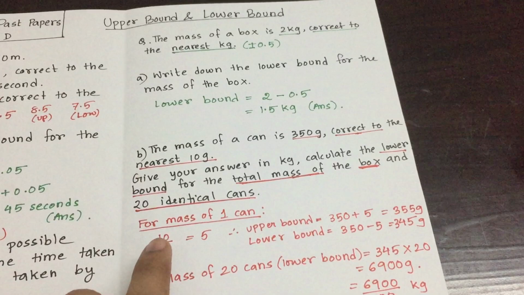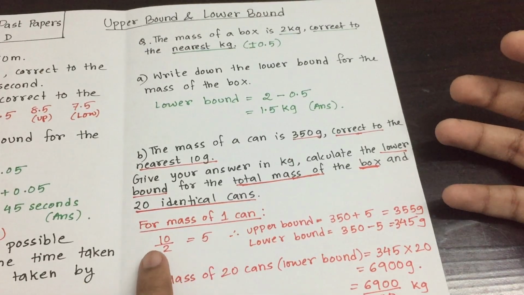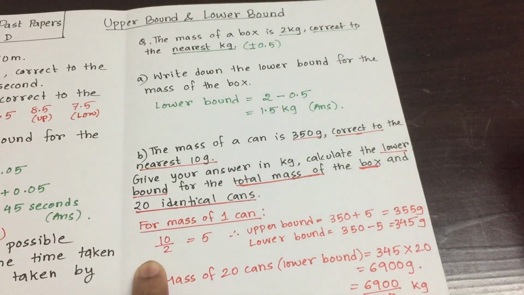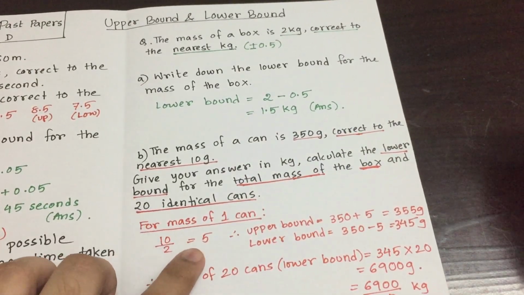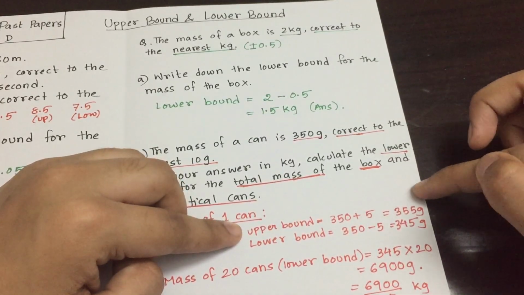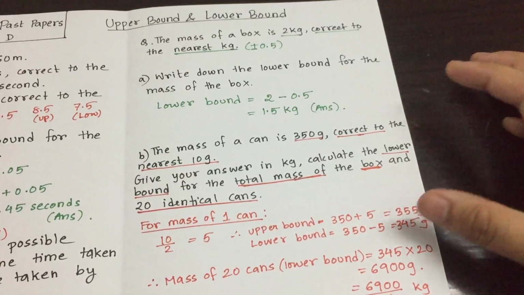So for the mass of one can, if we want to find the upper bound and lower bound, we have to first divide 10 by 2 because the keyword is 10 grams here. So 10 by 2 gives us 5. So the upper bound is 350 plus 5, which is 355, and lower bound is 350 minus 5, which is 345.